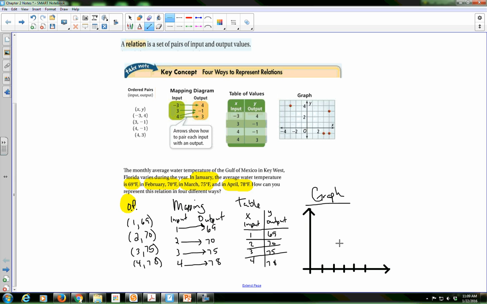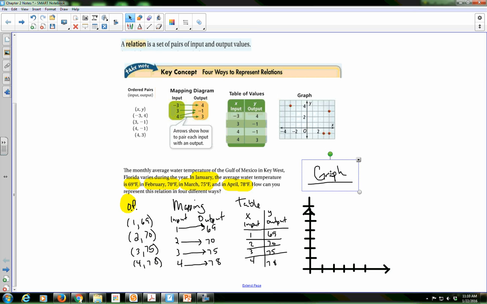And on my y-axis, I need a 69, 70, 75, and 78. So I'm going to count by tens. 40, 50, 60, 70. I guess we should put 80 down there too.